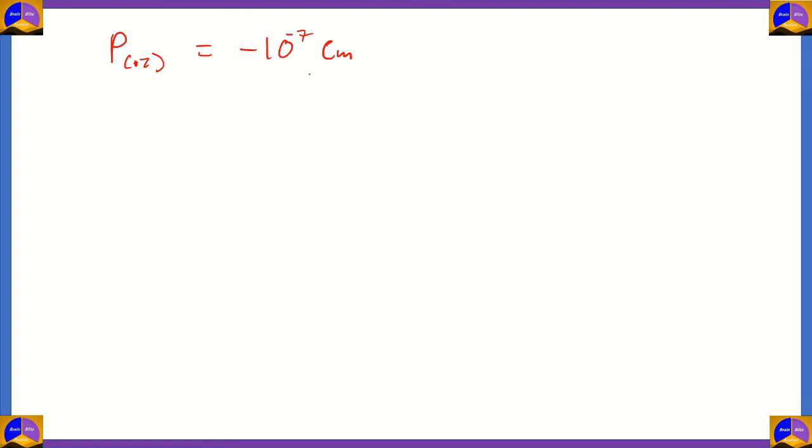So this is based on the positive z-axis. So we need to find out the electric field along the z-axis.